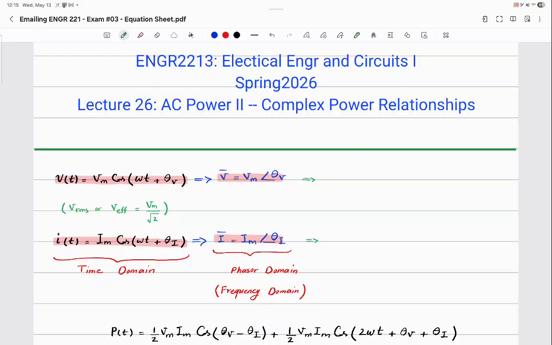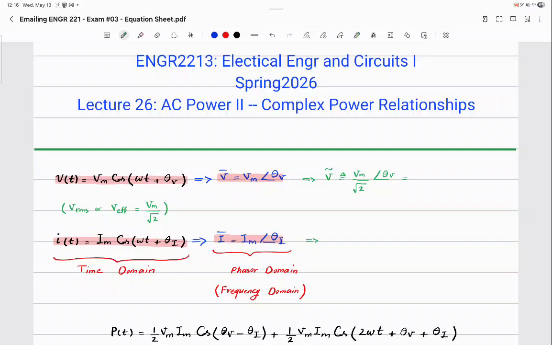Now let's define a new phasor form based on the RMS value. So this is my new phasor. Instead of using bar, I'm using tilde. So V tilde is defined as Vm over √2 with the same angle.